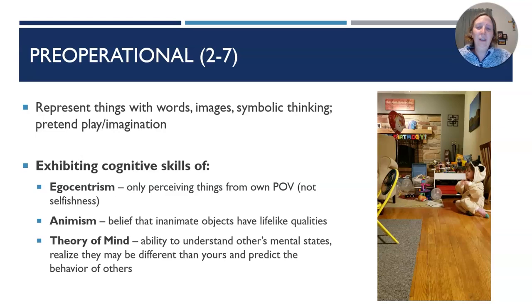And then we also start to see ideas of theory of mind. This is a slowly emerging skill, and it's the ability to understand somebody else's mental state and realize that their mental state might be different than yours, and that it helps predict the behavior of others.